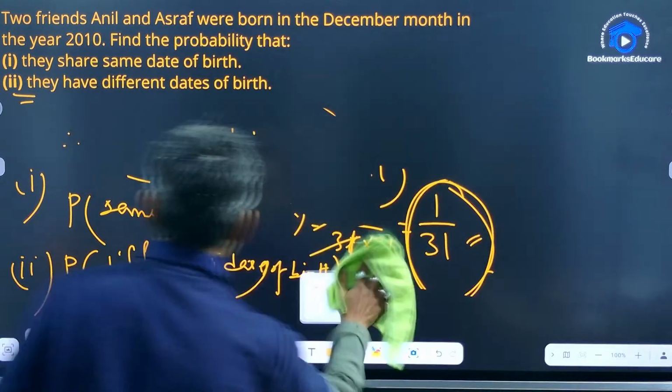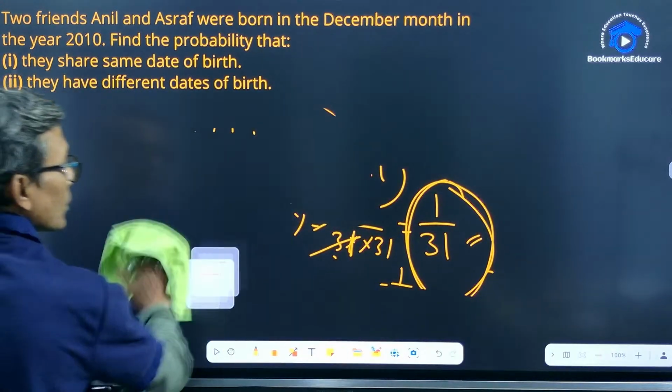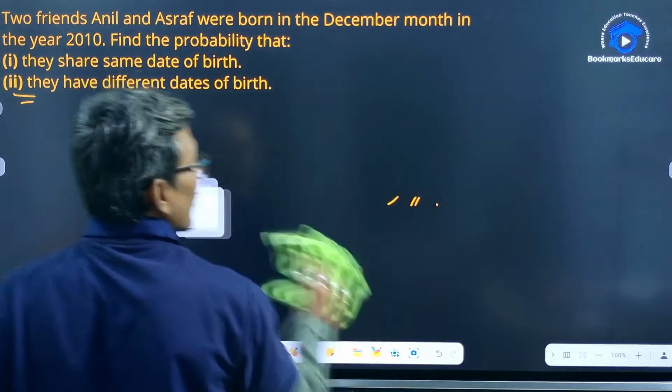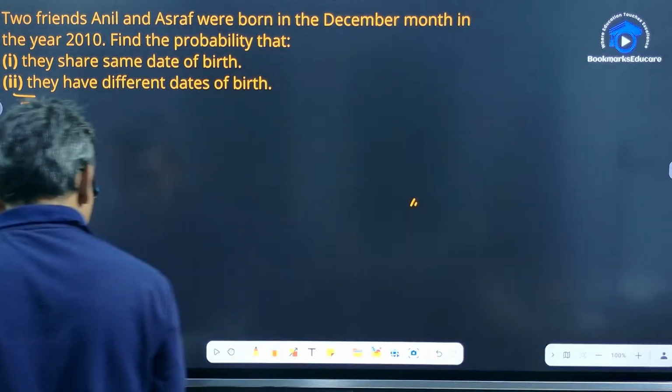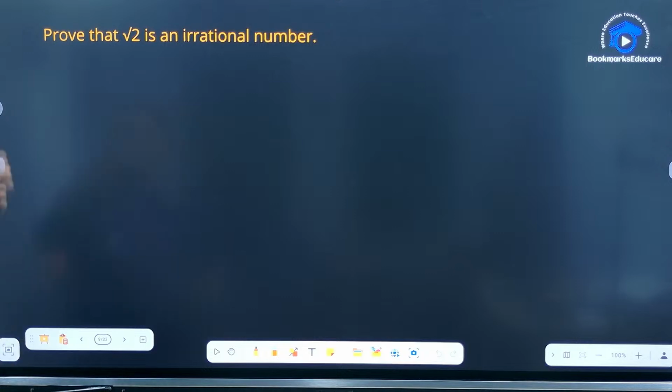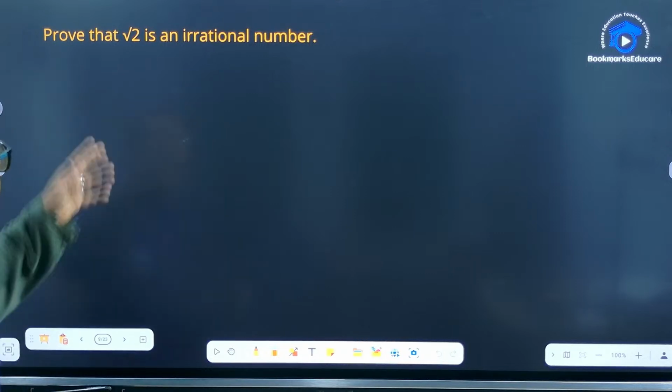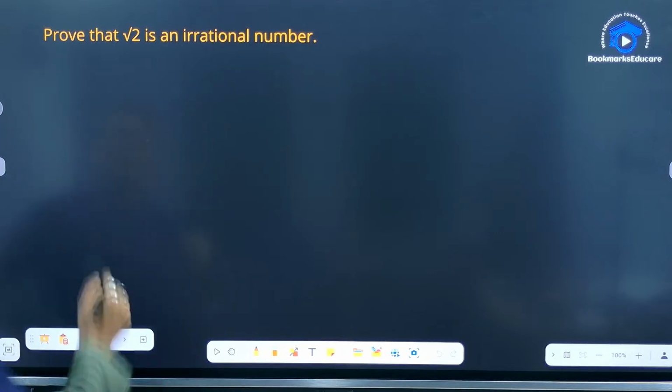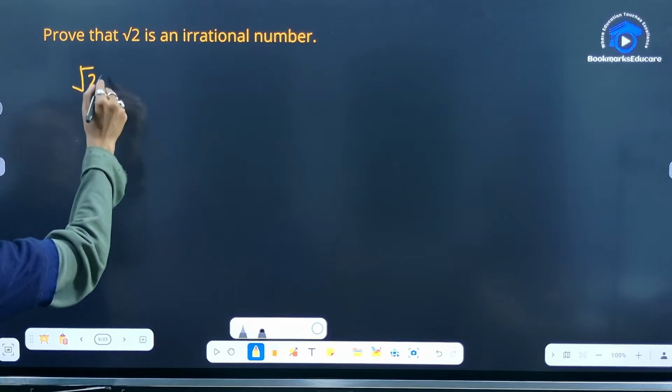Now the next sum is we have to prove that root 2 is an irrational number. Let us assume that root 2 is a rational number.